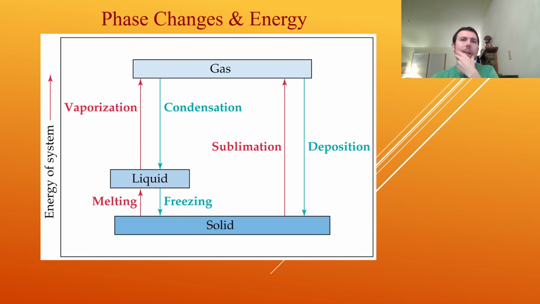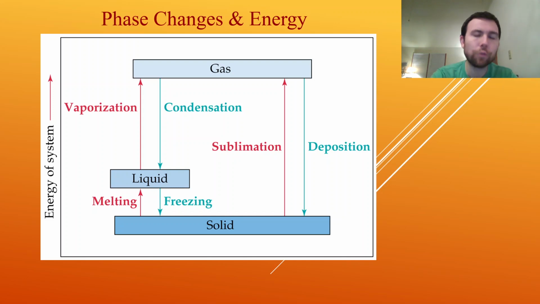All right, now we're going to take a shift here from looking specifically at liquids, and we're going to start taking a look at phase changes and energy and how those are related within these different processes. From this particular diagram, I want you to notice that the y-axis is just measuring the energy of the system.